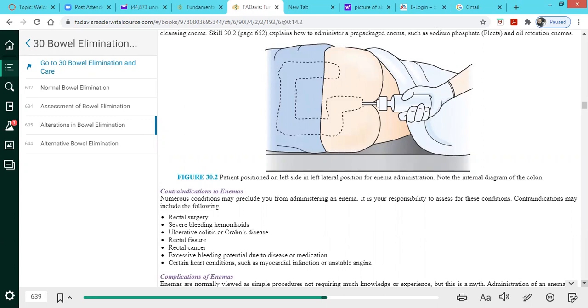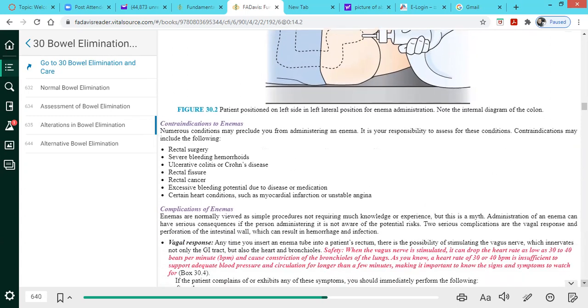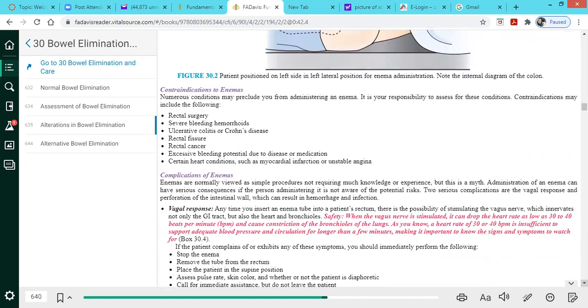It talks about contraindications to enemas. Contraindications for a patient to receive an enema will be rectal surgery, where the individual had rectal surgery, and ulcerative colitis.